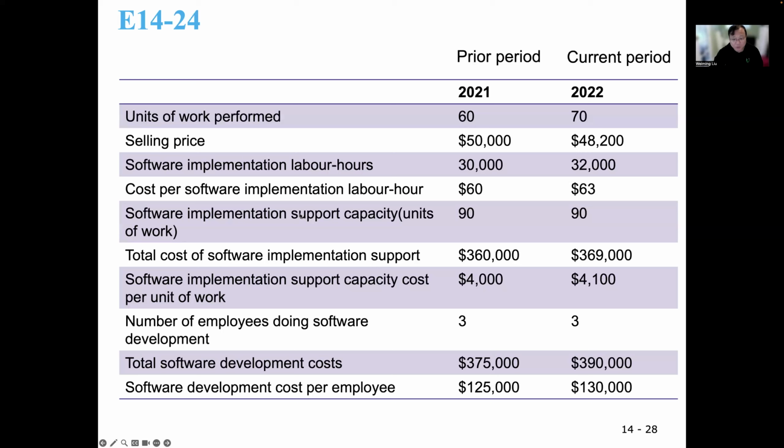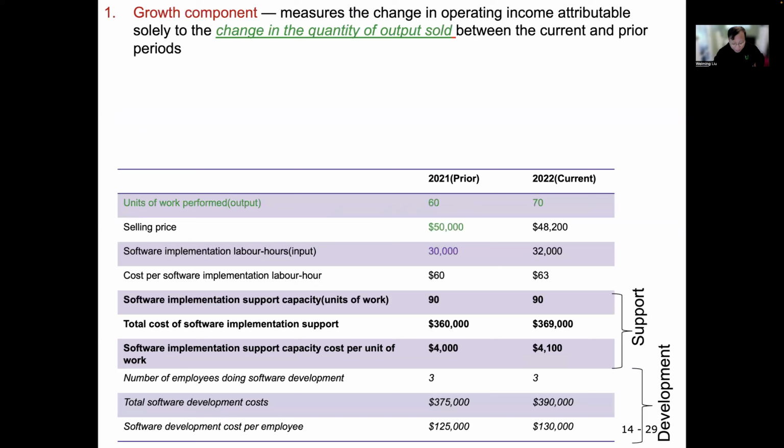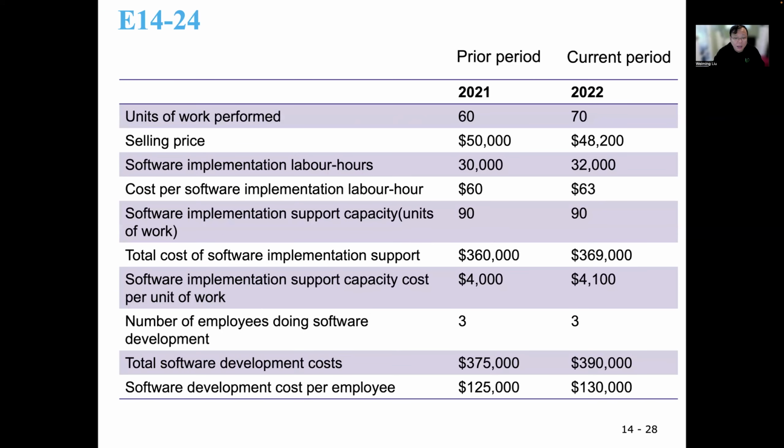Software application support capacity: the support capacity here is 90 units in both periods. This tells me that there is enough capacity, because right now your work performed is only 60 and 70, so it's still under 90.